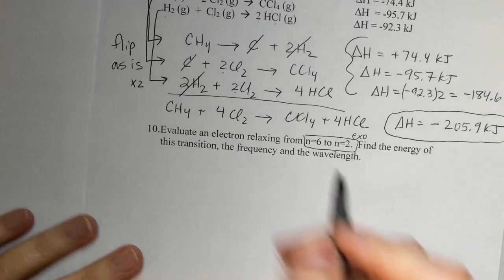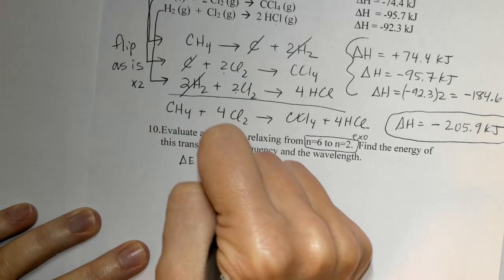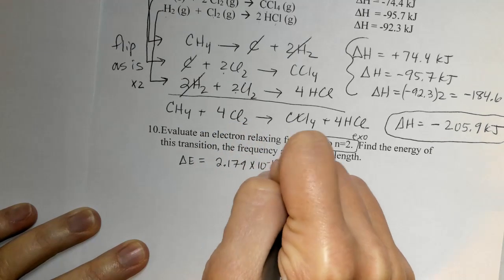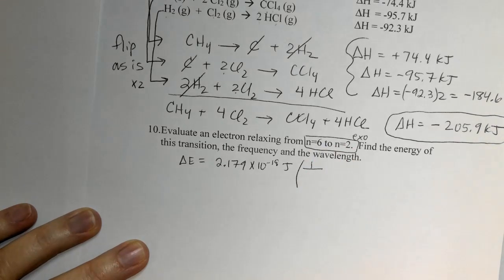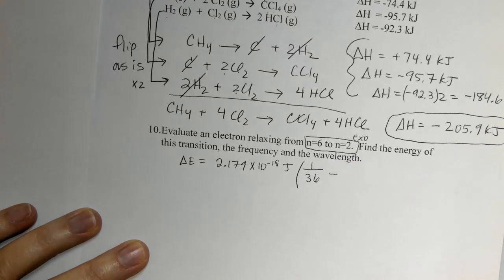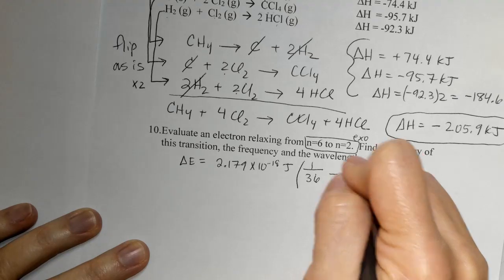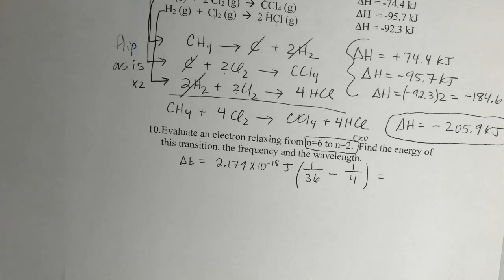So first, let's find that energy. So delta E would be equal to the RH, the 2.179 times 10 to the negative 18 joules. And again, I'm using the positive start. So we're going to take 1 over the initial squared. The initial is a 6, so this would be 36, because 6 squared, minus 1 over the final squared. 2 squared would be 4. All right, so on my calculator, I'm going to take the inverse of 36, which is 0.027777, minus the inverse of 4, which is 0.25.